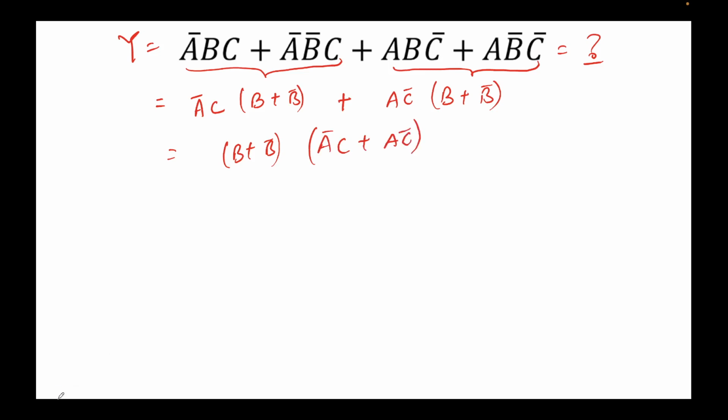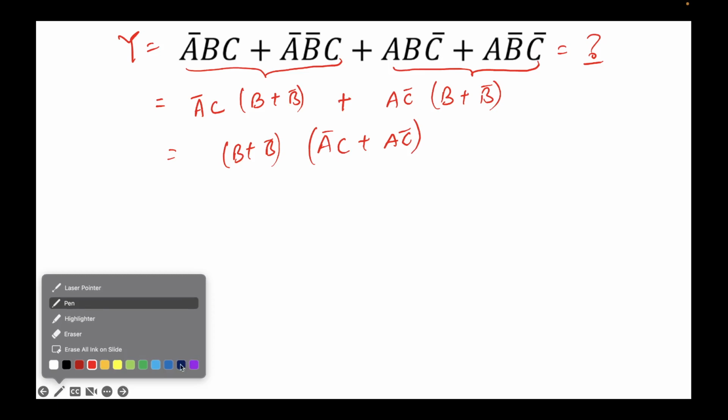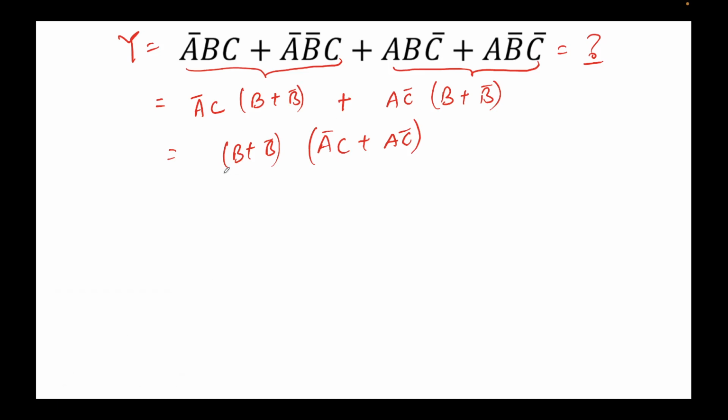Now let's first evaluate what this term, B plus B bar, comes out to be. Let's assume that x is equal to B plus B bar, and let's try to find the value of x. The input is B, and x is nothing but B plus B bar, correct?